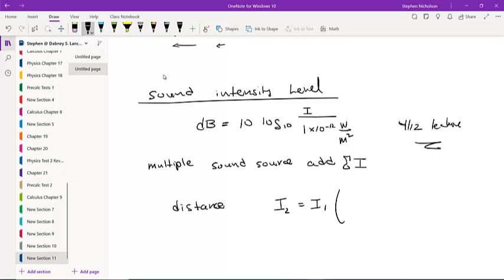Now we know if you go further away, then the sound level should go lower. So we know that it has to be R1 over R2, and it's squared because the sphere surface area is 4 pi r squared. So if R2 is greater than R1, this is going to be a number less than 1, and you square it, it's going to be a number less than 1.